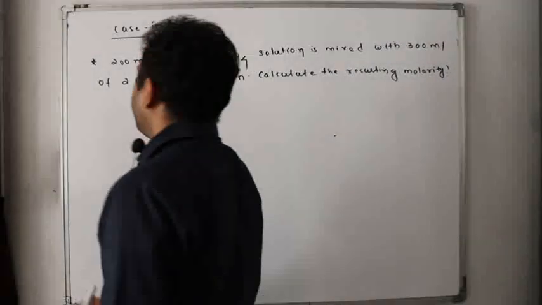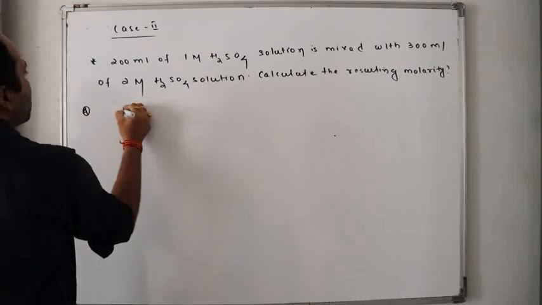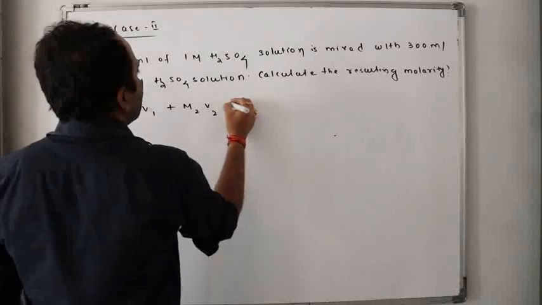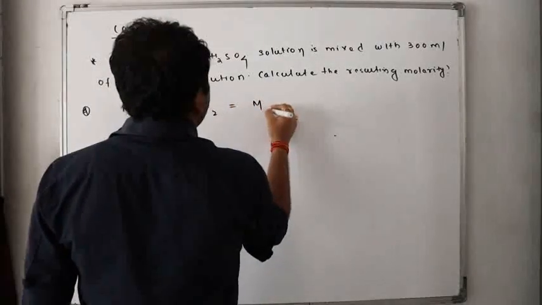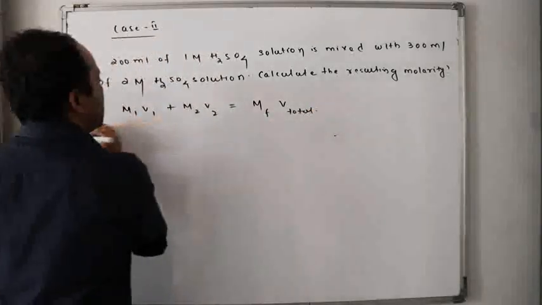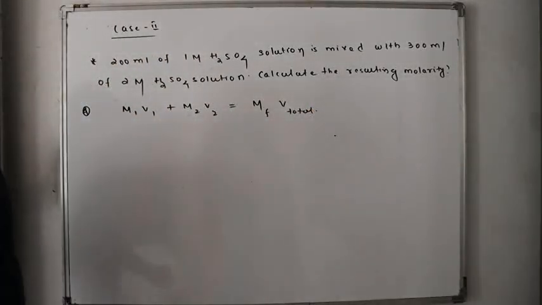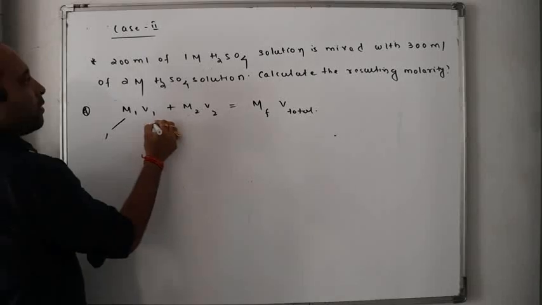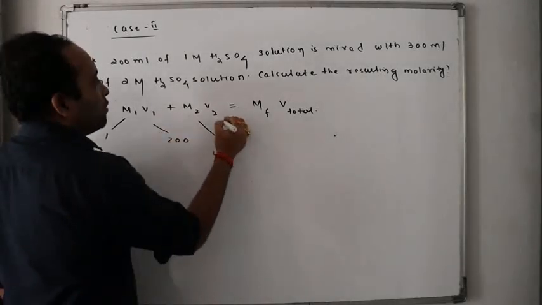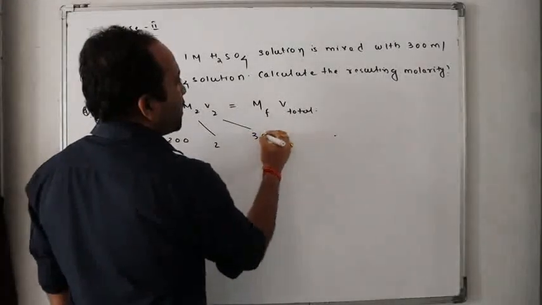Very simple. I told you now. M1 V1 plus M2 V2 is equal to M final V total. Now M1 is 1, V1 is 200, M2 is 2, V2 is 300.